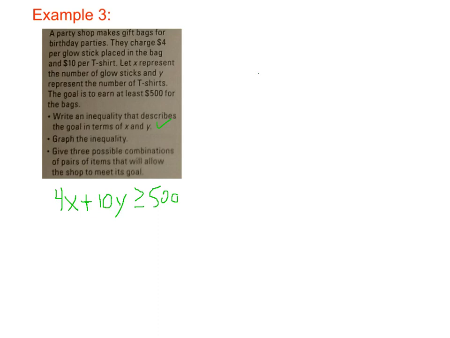Now we're going to graph this inequality. The x-axis is represented by the number of glow sticks, so we're going to label that. The y-axis is represented by the number of shirts.